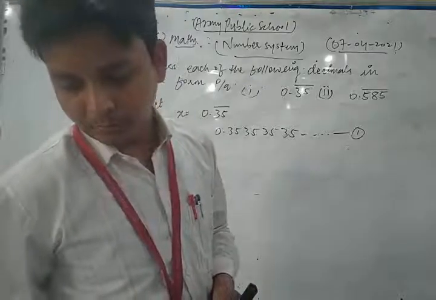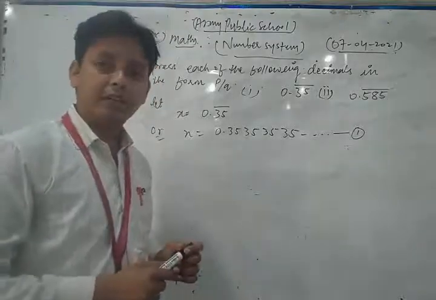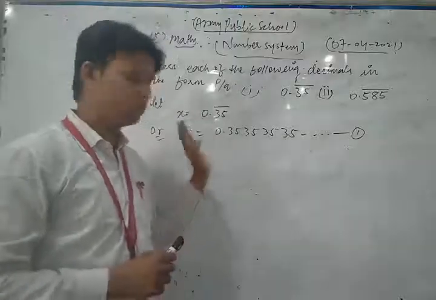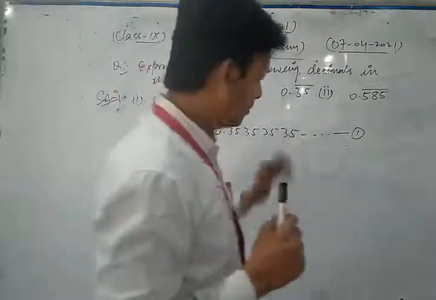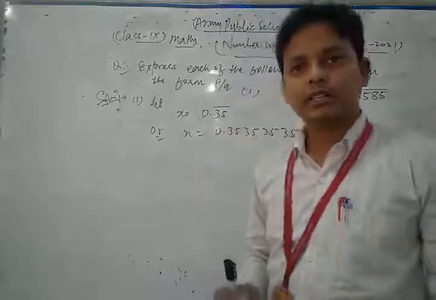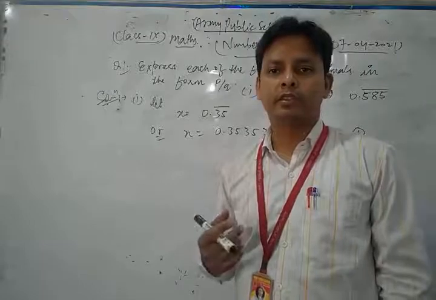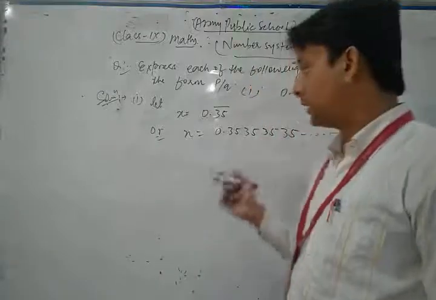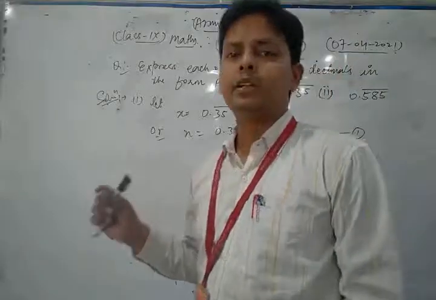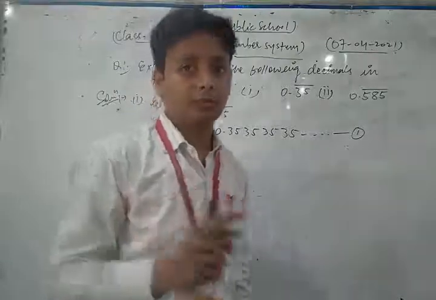So, how many digits have the bar? In this question, the number of digits having a bar is 2, so we must multiply equation 1 by 100. We discussed this topic in yesterday's class. If the number of digits having a bar is 1, then we multiply both sides of equation 1 by 10, and if the number of digits having a bar is 2, then we multiply by 100 on both sides.